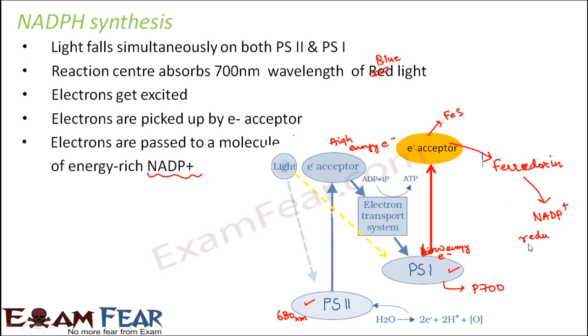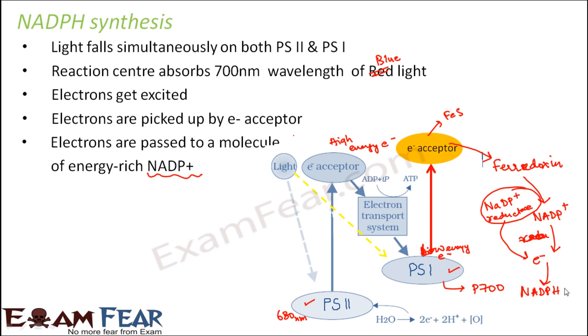When the electron reaches this molecule, there is an enzyme called NADP+ reductase. What does this enzyme do? As soon as the electron reaches NADP+, NADP reductase activates and donates the electron to NADP+, and as a result NADPH is formed.